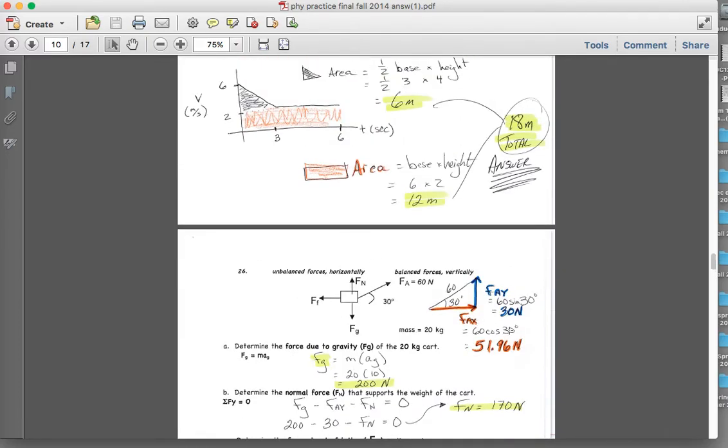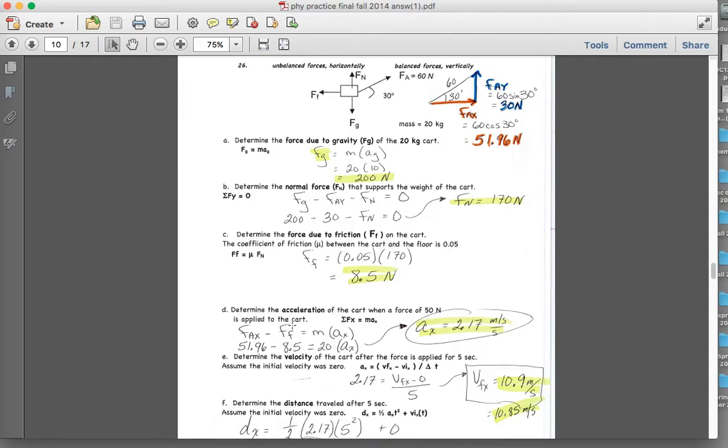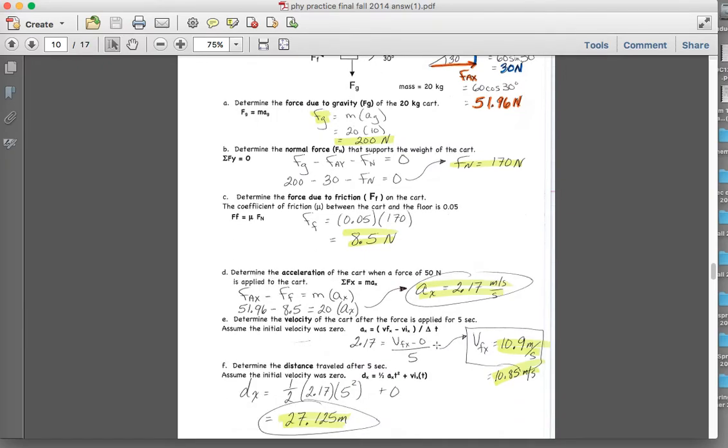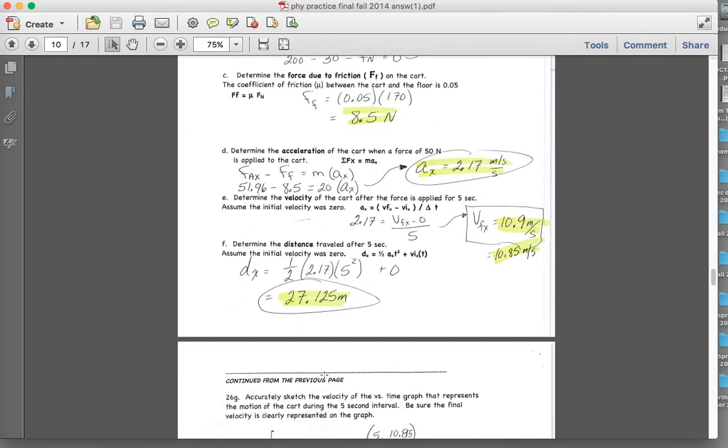Really what that means is I'm pulling with 52 newtons or so to the right. Friction's pulling back with 8, 9 newtons to the left. So you subtract those to find the net total. Once you have the total force applied horizontally, you divide that by the mass to get the acceleration of that object horizontally. Once you have acceleration, you can figure out how fast it was moving and how far it was going.